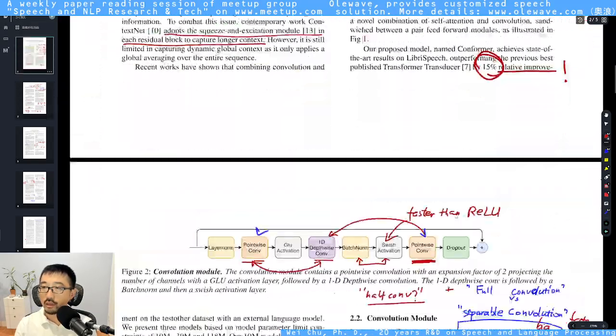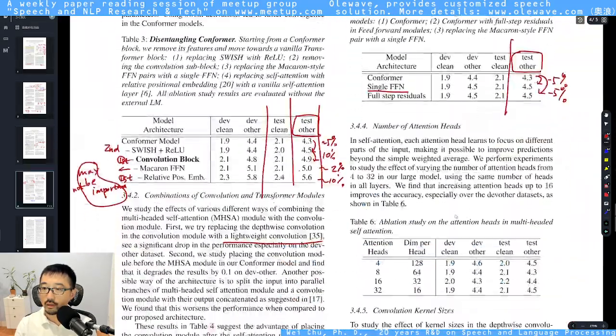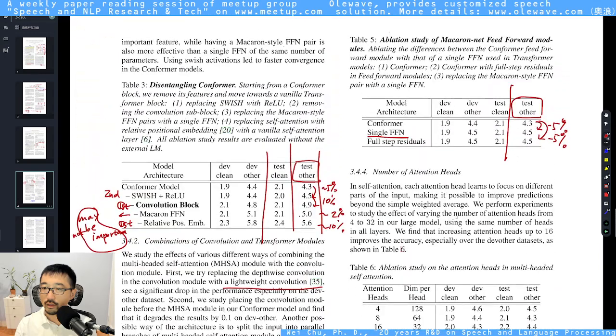The second thing is the full step residuals. If you look at Dr. He Kaiming's original ResNet paper, he uses the full step residual. But I think for speech, a lot of people use half step residual or 2/3 step residuals.